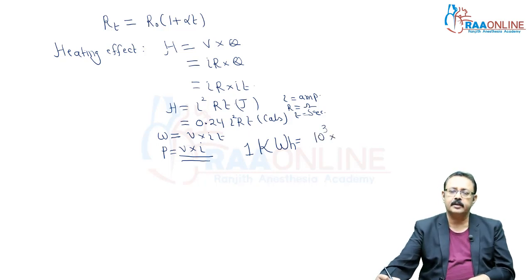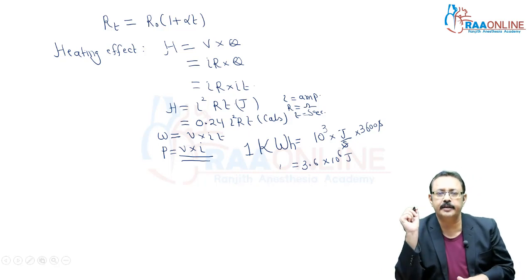Watt means joule upon second. 1 hour means 3600 seconds. Cancel second with second. So what we are getting? 3.6. 3 zeros here, 3 here. Into 10 to the power 6 joule.